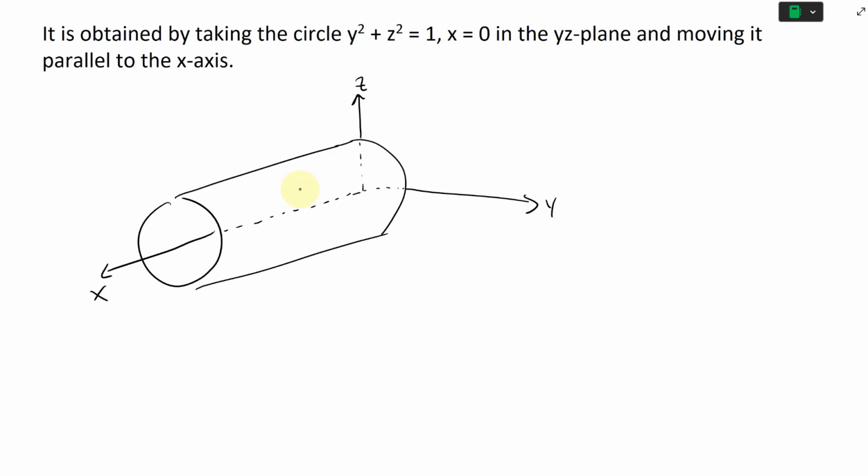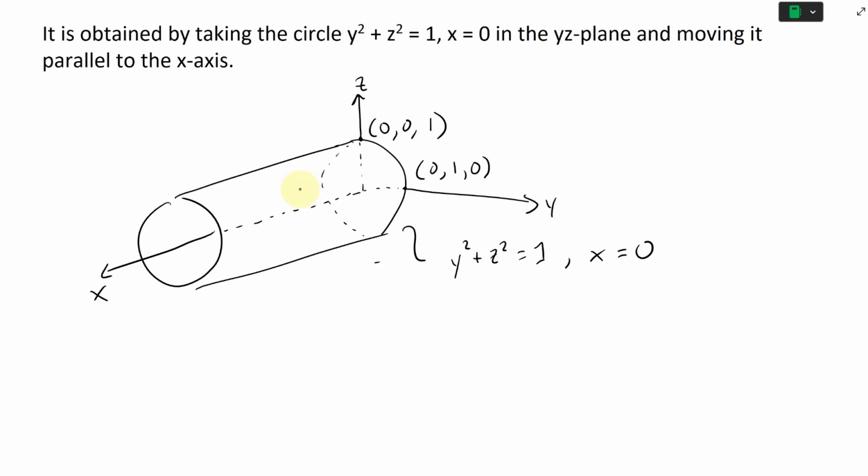And at this point right here, where you have x equals 0, this point is going to be 0, and then the y is going to be, well, 1. The radius is 1. This is going to be 0, 0, and then 1. And this is just a circle like that, and we just shift it across all throughout. There's our circle like this. y squared plus z squared equals 1, and x is equal to 0 at that point.